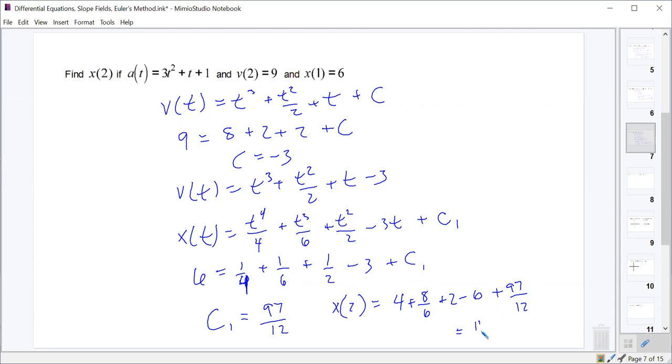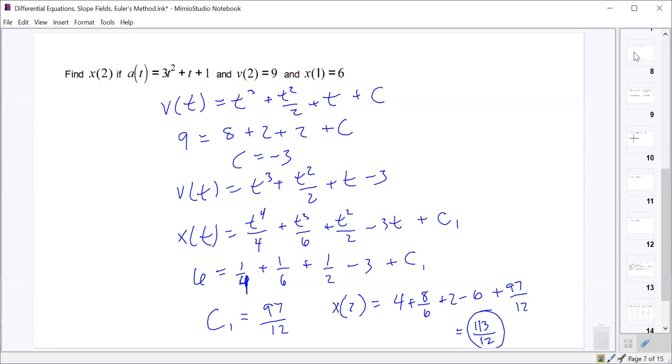Is that what you all got? Yes. All right, anybody have any issues with that? Wonderful. All right, simple, basic initial value differential equation problems.